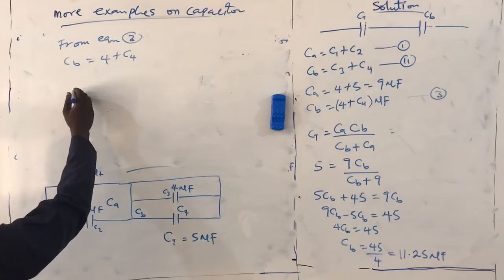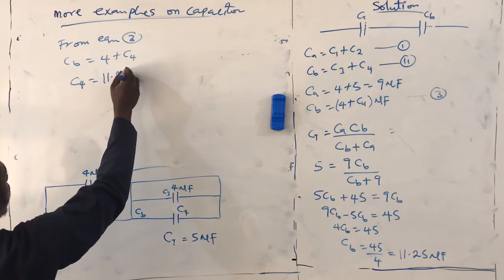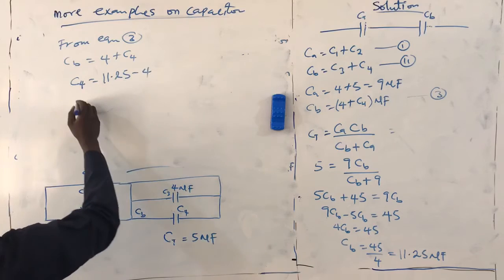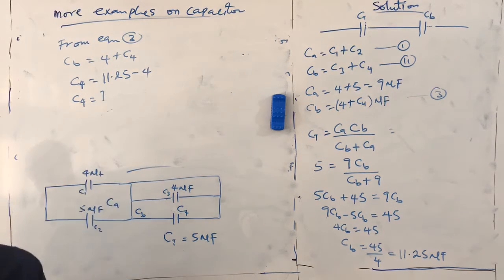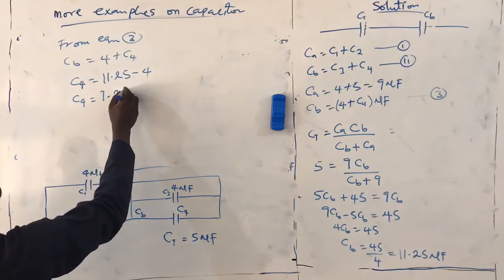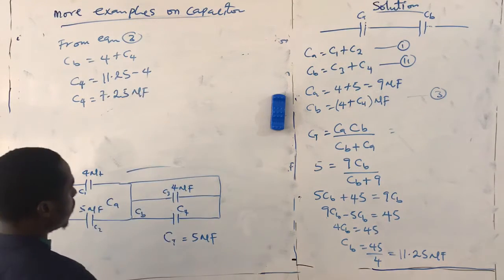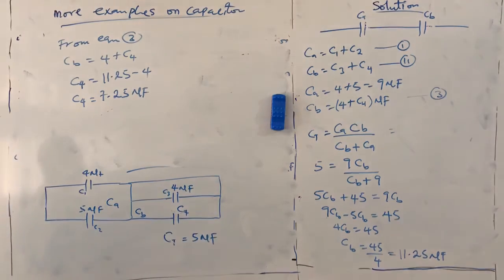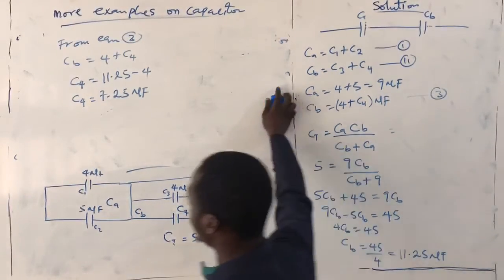It means that C4 will be equal to 11.25 minus 4, which is 7.25 microfarad. It means the value for C4 will be 7.25 microfarad. So this is the solution for this question.